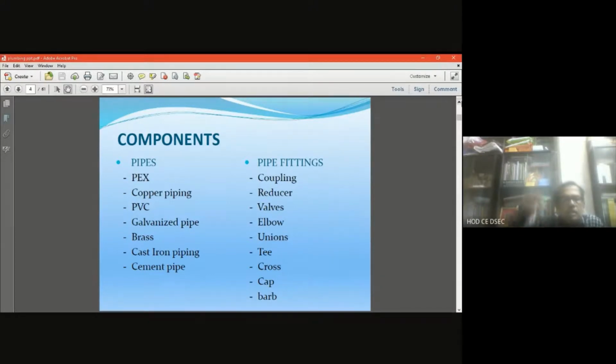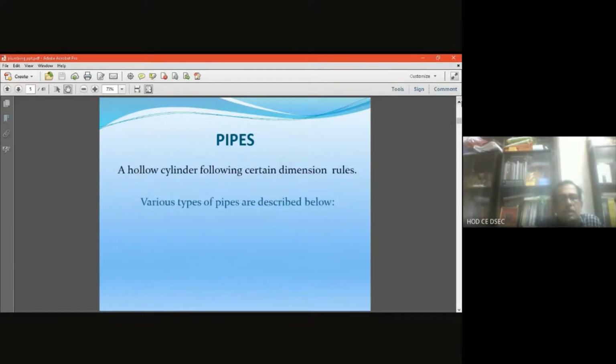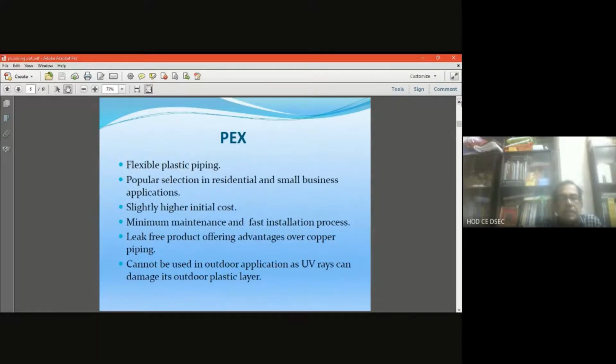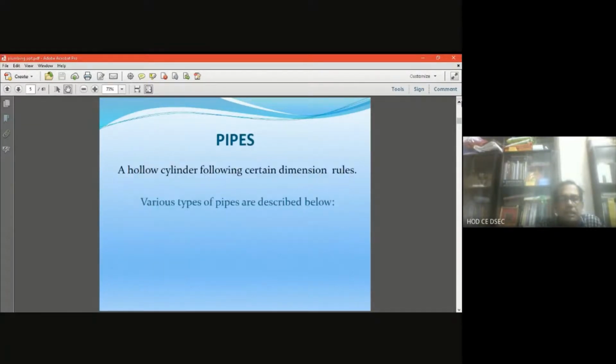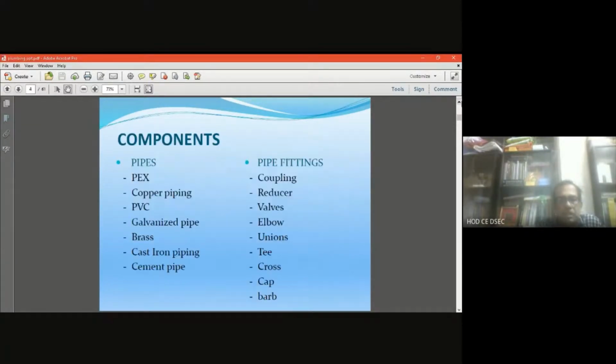The components of plumbing are mostly the pipes, PEX, PVC piping. PEX is a flexible plastic piping.